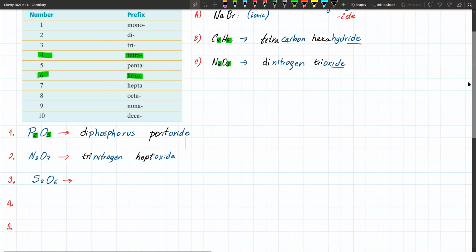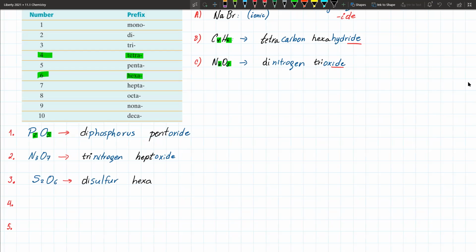Disulfur... Oxide. And then, because these two are joined and both are open, two open vowels, you're going to drop the A. So in the end, this is going to be hexoxide.